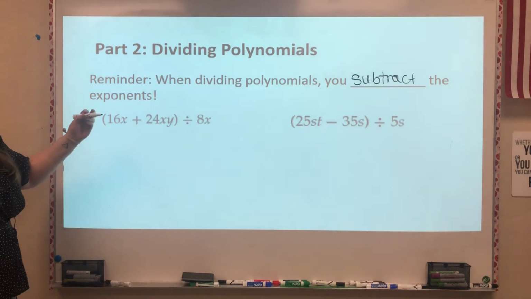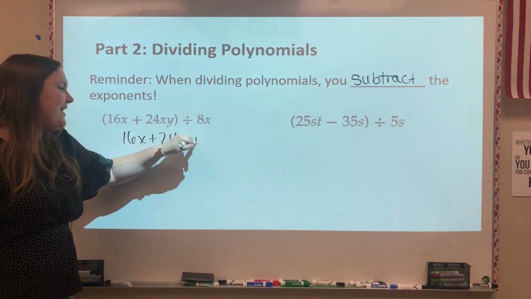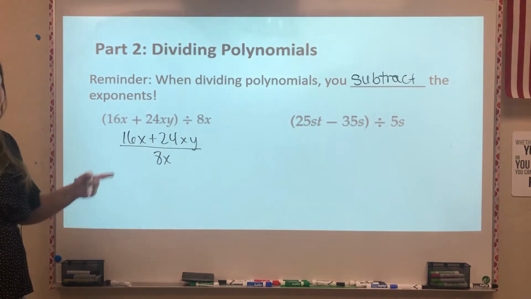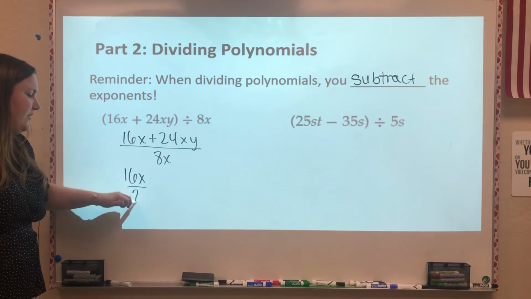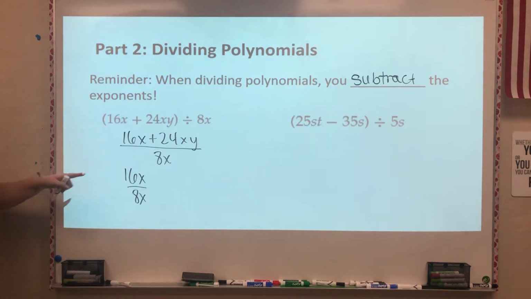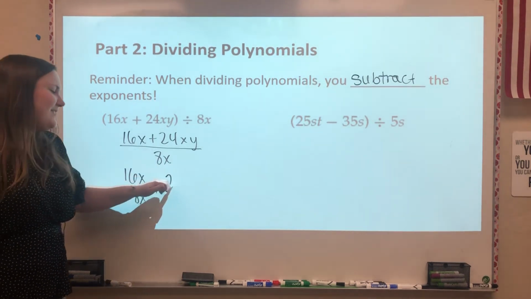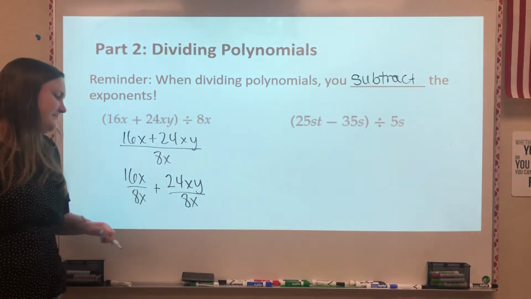What this is really saying is 16x plus 24xy, we are dividing all of that by 8x. You can write it like this, or if you want, you can show each one individually being divided. So what that means is I'm going to divide 16x by 8x, and I'm also going to divide 24xy by 8x.